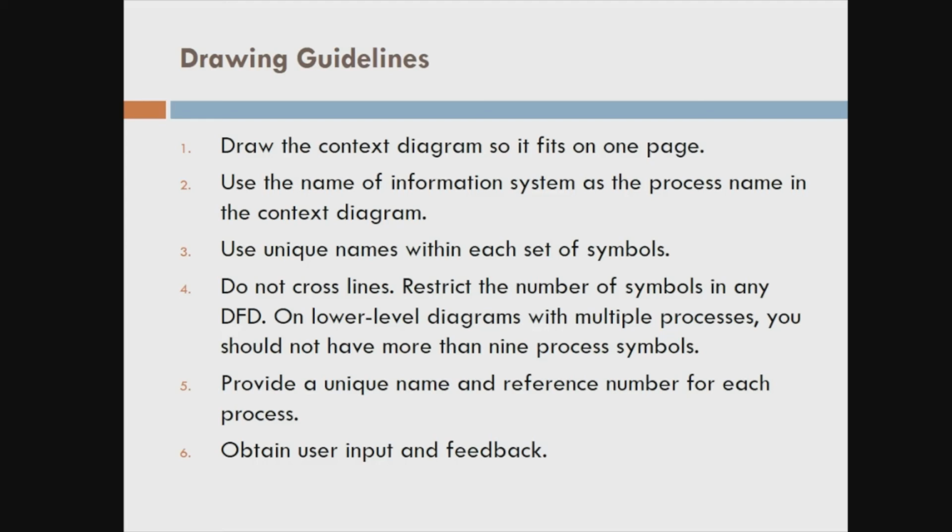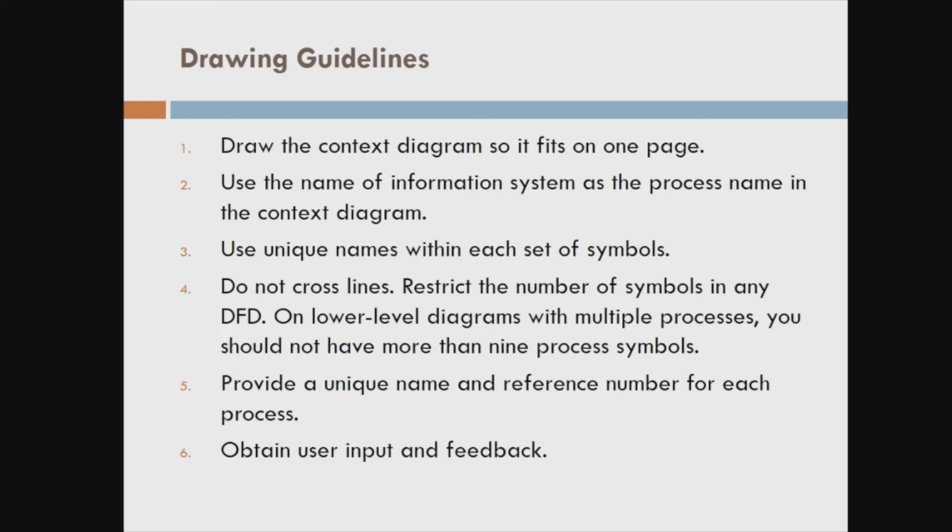Number 3, use the unique name within each set of symbols, so you are able to differentiate between each set of symbols. And then number 4, do not cross the lines. Make it look proper, tidy, and easy to read.